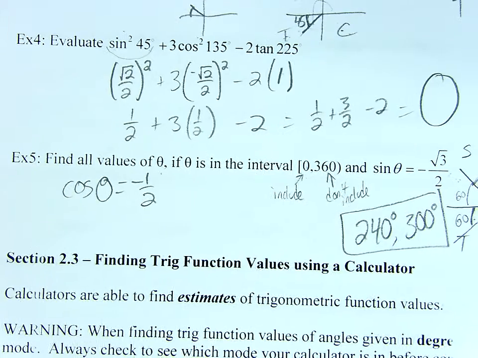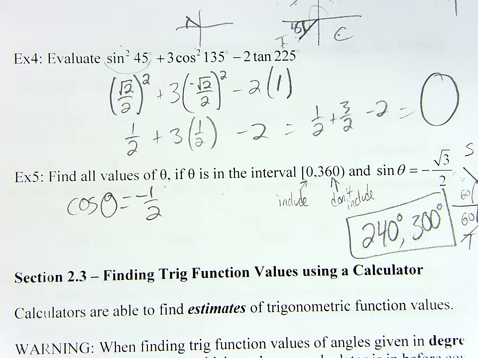So find me everybody between 0 and 360 that would have a cosine of negative 1/2. Oh, shoot, well, it's not that, because your sign's different. But I did 60 again. I should have picked a different one. Whatever, maybe that'll be less work for you.